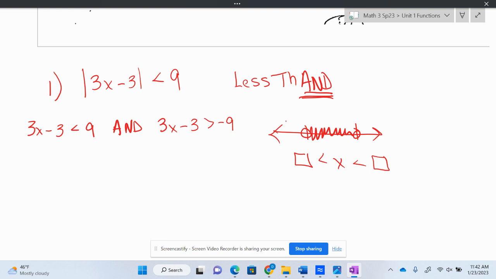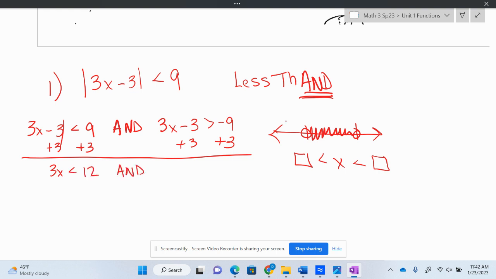So in order to get x all by itself, the first thing I'm going to do is add 3, and I just kind of do it all the way across, right? Because both sets require that I add 3 to both sides. So when I do that, I have 3x is less than 12 and 3x is greater than negative 6.